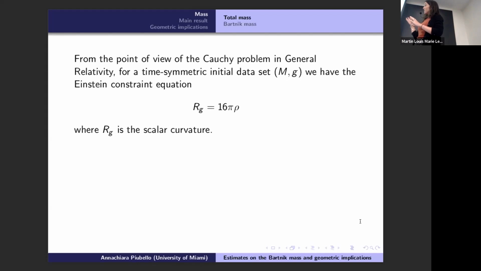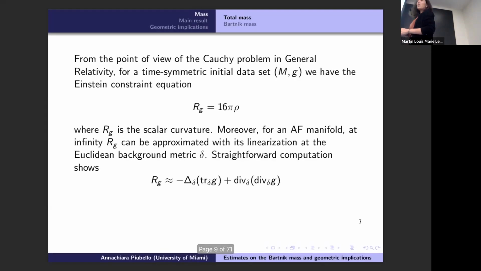However, if we compare this with the Poisson equation we saw before, here the metric will play a similar role as did the gravitational potential before. However, rho here does not determine g, right? It will just constrain its scalar curvature. Moreover, what we have on the left-hand side is not in divergence form, so we cannot just turn it into a flux integral as for the Newtonian case.